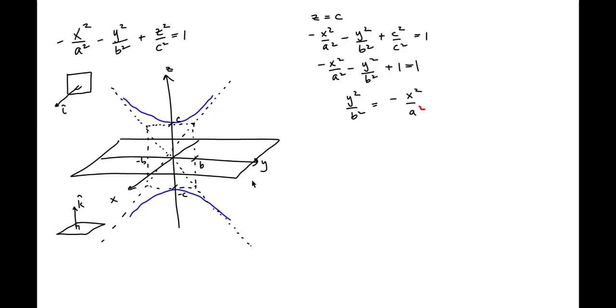Well, unfortunately, we kind of have the same problem here, but it's a little bit better. The problem is we have, if we just solve both sides for y, we get plus or minus b over a times the square root of minus x squared, which is just plus or minus b over a, absolute value of x, and again we have an imaginary number because we have a negative sign underneath the square root.